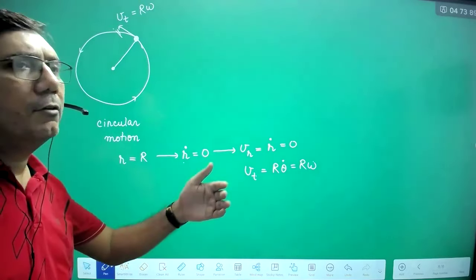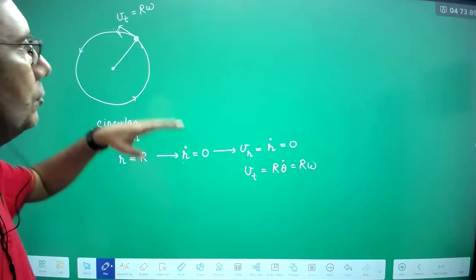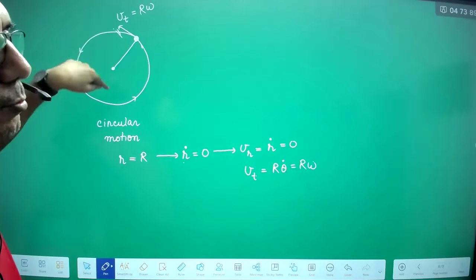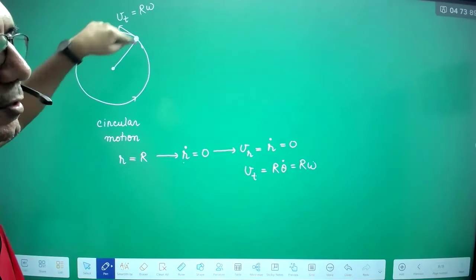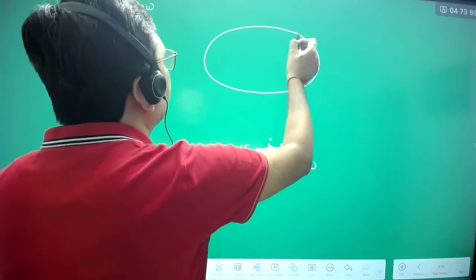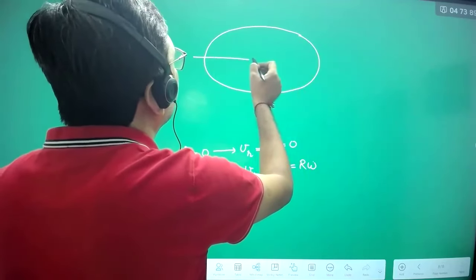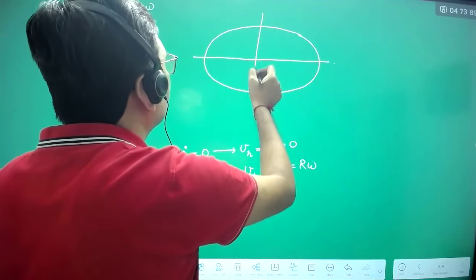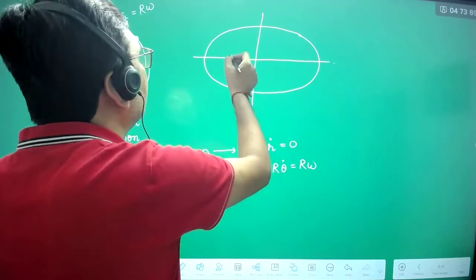So here in circular motion, this is the tangential velocity. In radial direction, it is not moving. That's why radial velocity is 0. But if you look at a particle undergoing motion on an elliptical path, suppose this is the source under which this particle is moving.